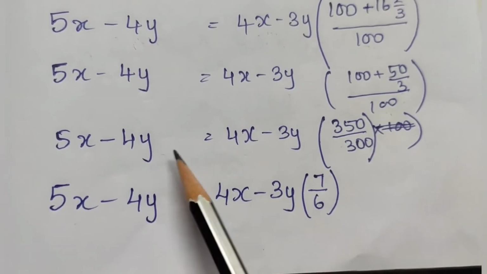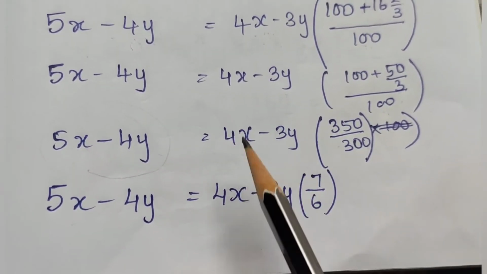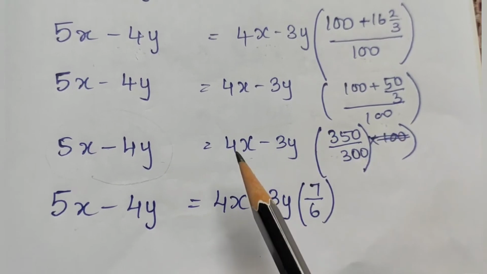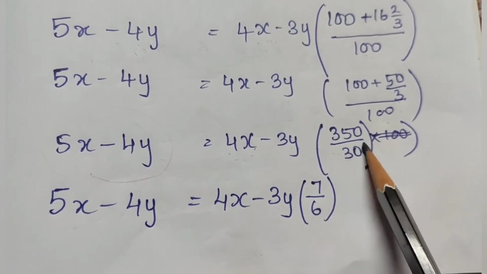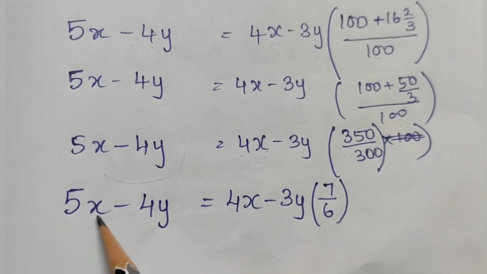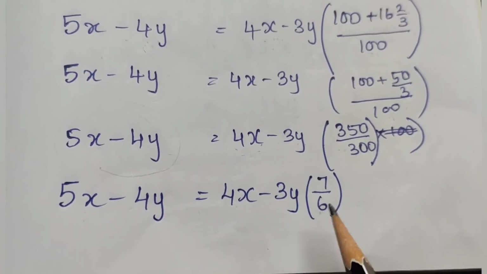So 5x minus 4y is P's saving. This is Q's saving. We are equating to P by increasing 16 2/3%. So 4x minus 3y into 350 by 300, zeros cancel, 5 table, 7 by 6. So 5x minus 4y is equal to 4x minus 3y into 7 by 6.